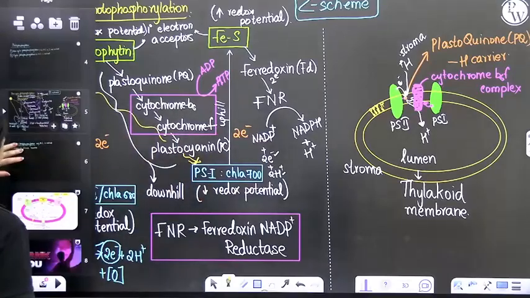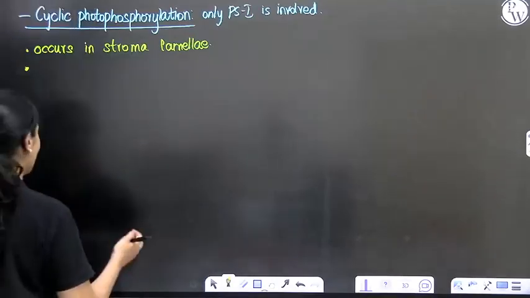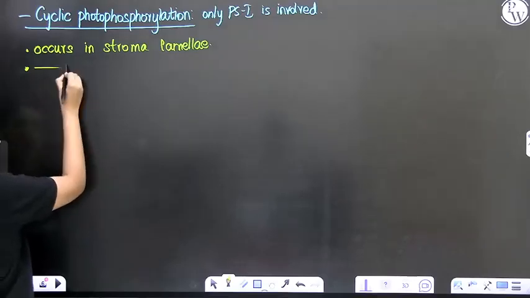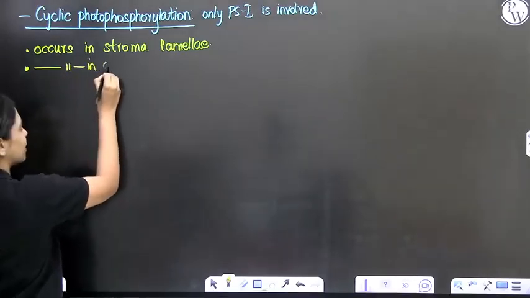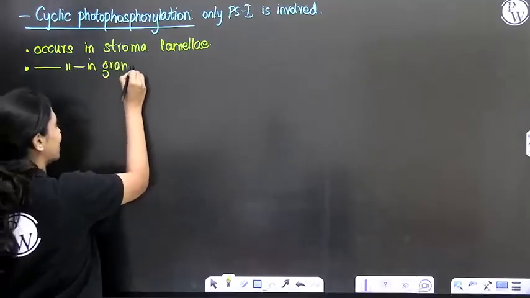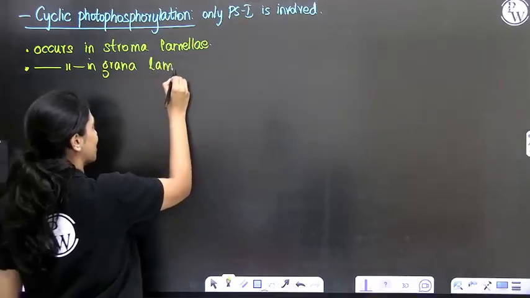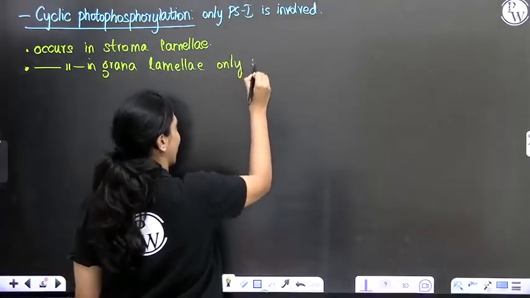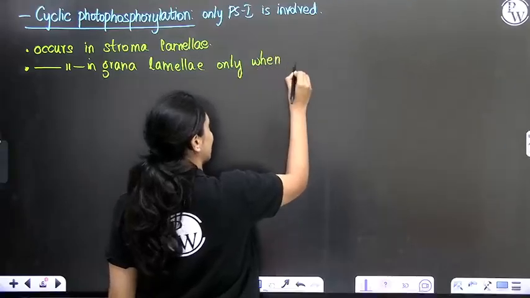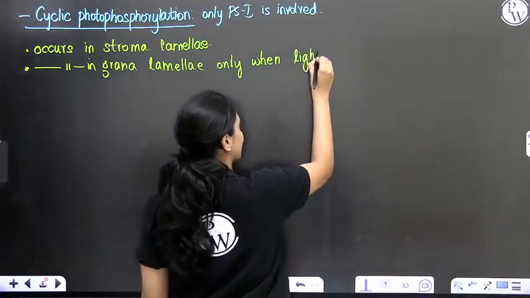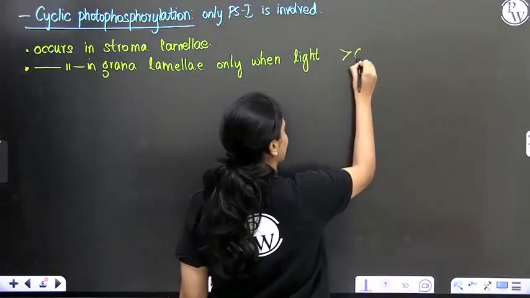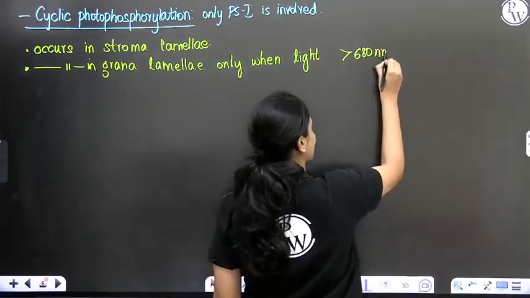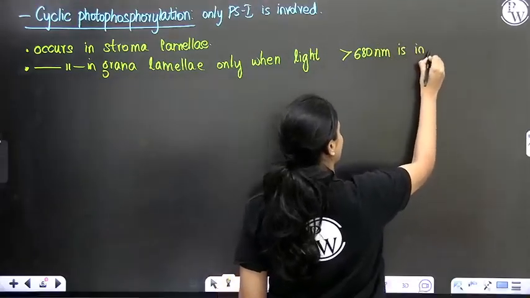Alright, so this can occur in the stroma lamellae, or it can occur in grana lamellae as well, but there is a condition: only when light greater than 680 nanometer is incident.